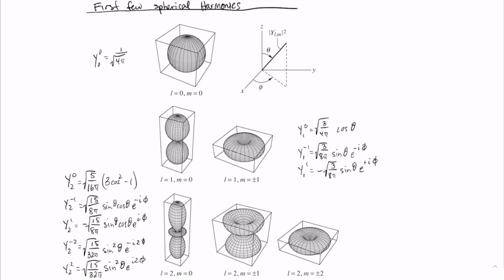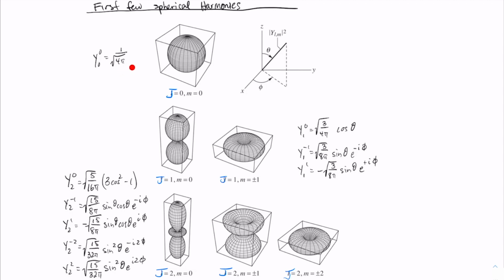First, you have j equals 0, m equals 0. This is written with L, but let's just ignore this and write j for our sakes. The first spherical harmonic here, using j equals 0, has actually no theta or phi dependence. So this is perfectly spherical. It's the same value everywhere.